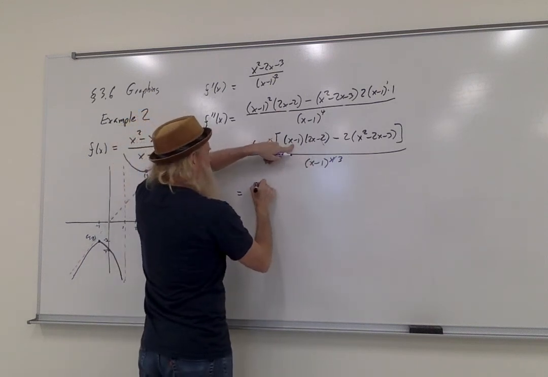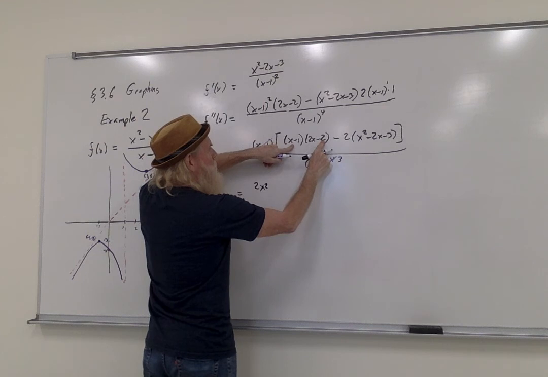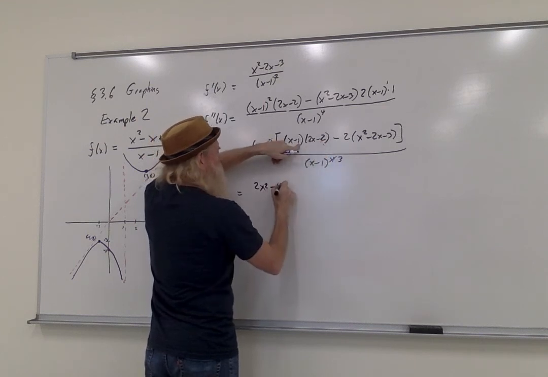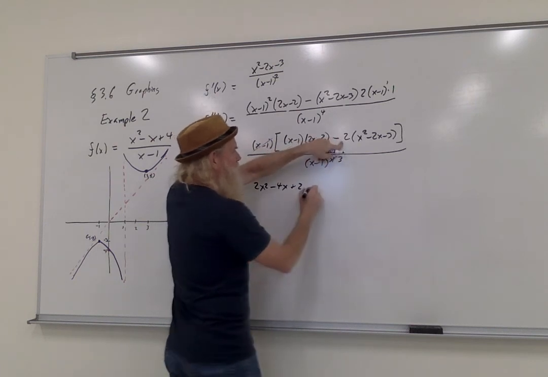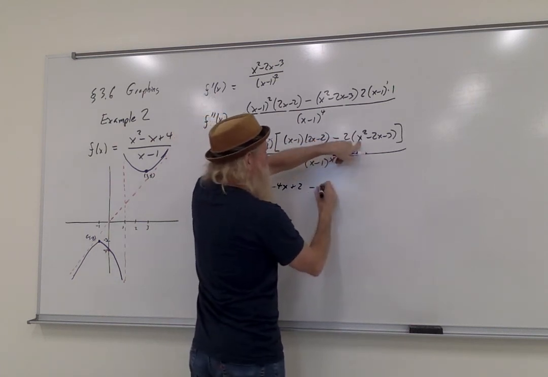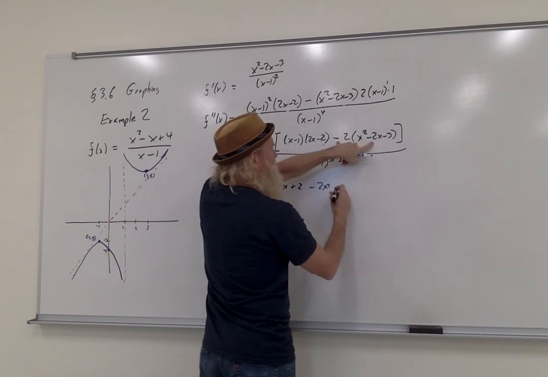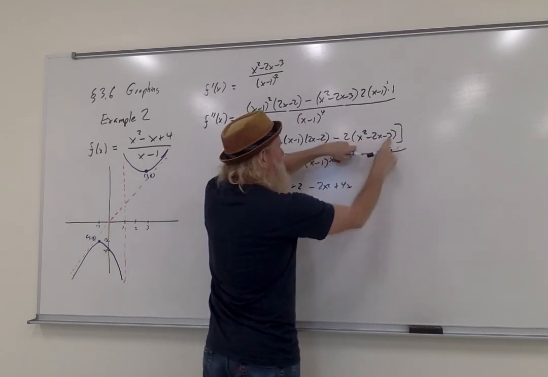Multiplying here, I have 2x squared minus 2x is minus 4x plus 2. And distributing the negative 2, negative 2x squared plus 4x plus 6.